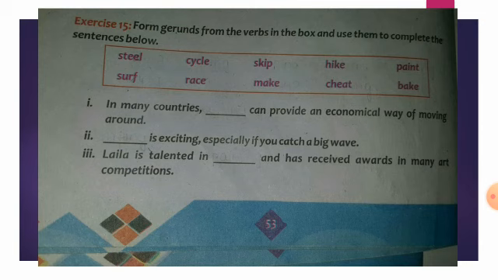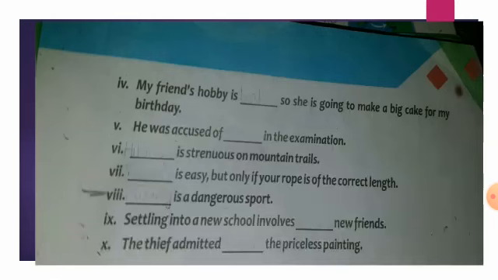Laila is talented in painting and has received awards in many art competitions. Painting. My friend's hobby is dash, so she is going to make a big cake for my birthday. Baking. He was accused of dash in the examination. Accused means he was charged, okay, for cheating.